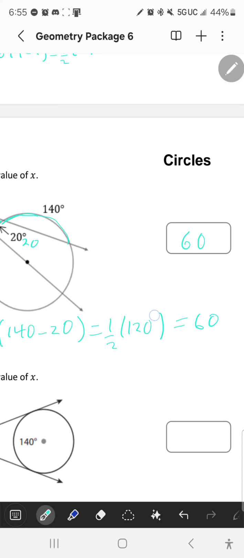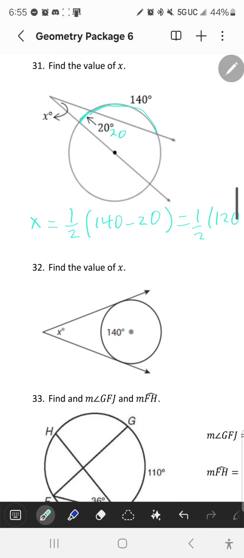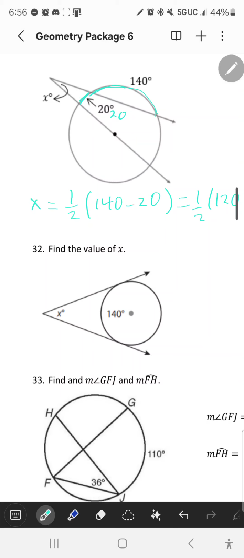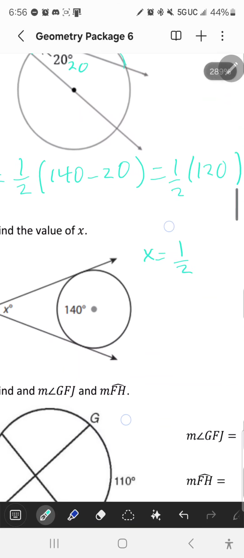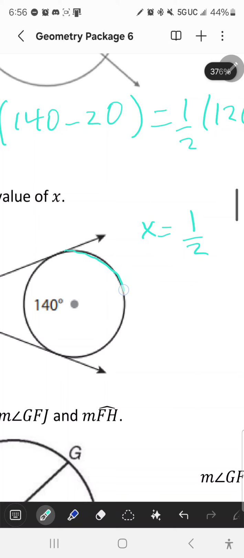I'm actually going to keep going for one or two more exercises. So find the value of x. This is with the same theorem. We have that x is going to be equal to one half of the big arc, but we don't know it, but we know that the whole circle is 360. We know the small one, so it will be 360 minus 140, which is 220.